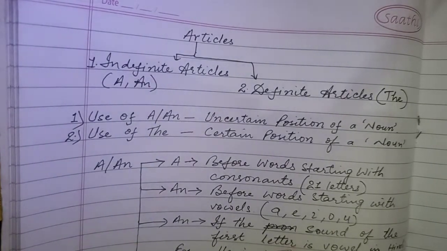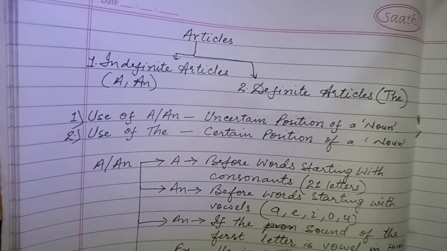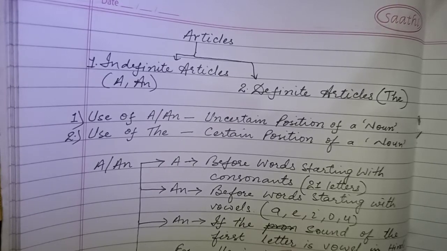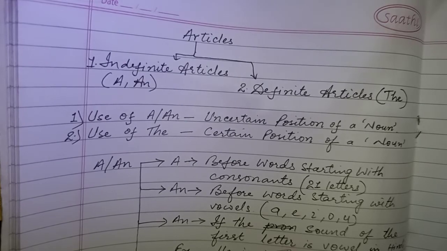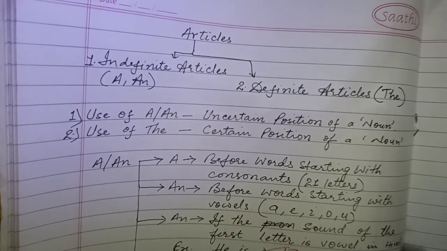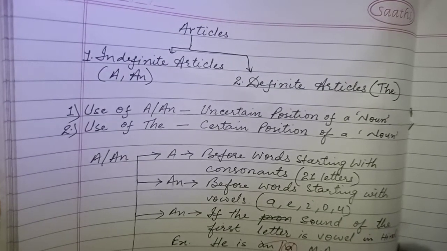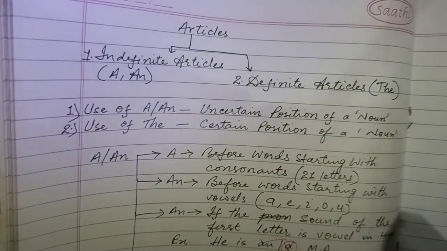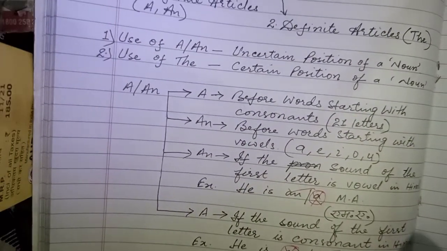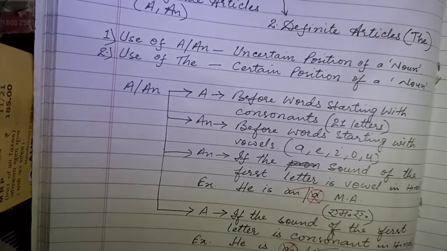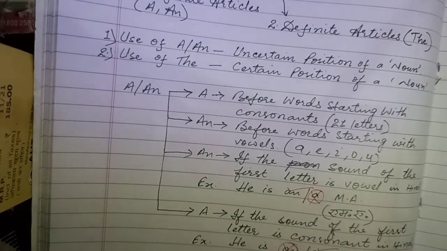Now, an is also used when there is a vowel sound. It's not only in written form. When the first letter of a word has a vowel sound, then also an is used. For example, he is an MA. If you say he is a MA, it will be wrong.